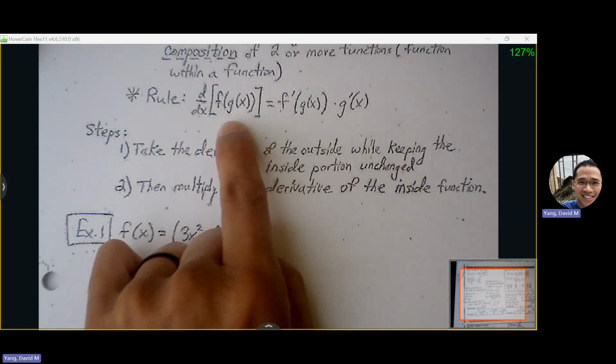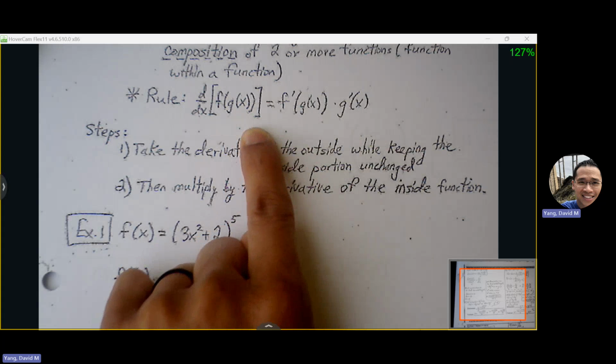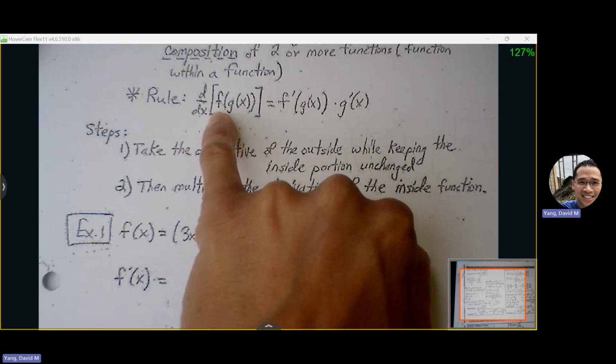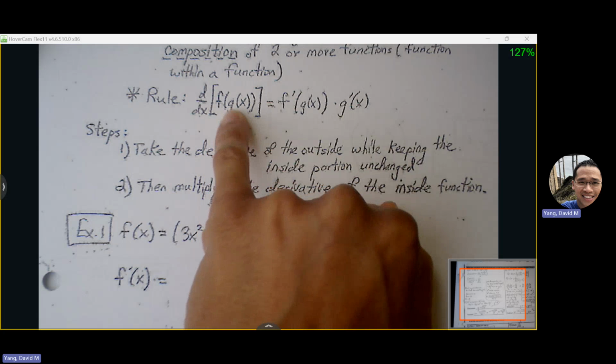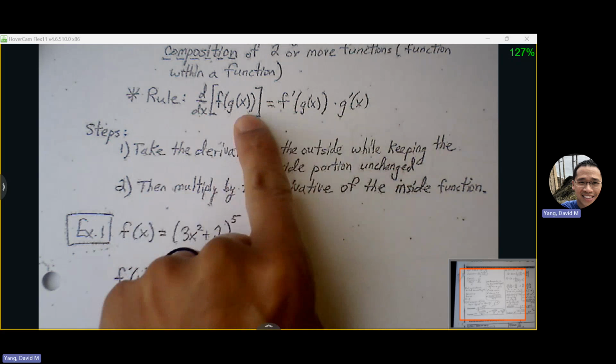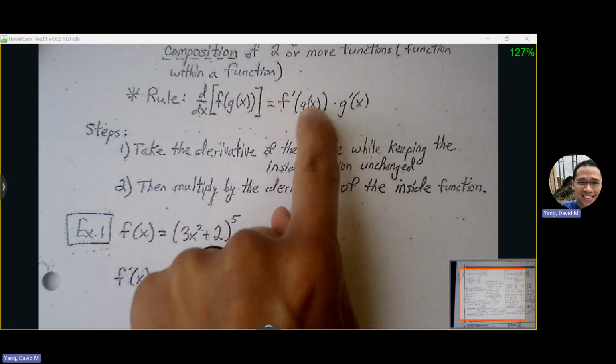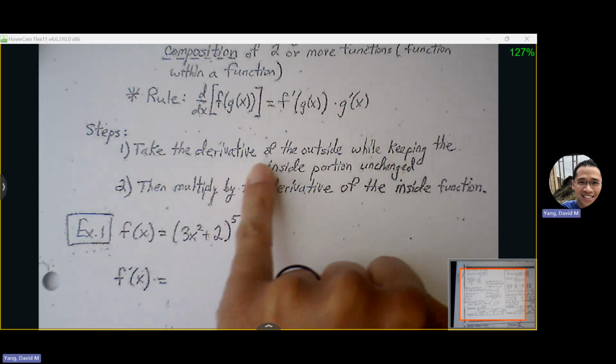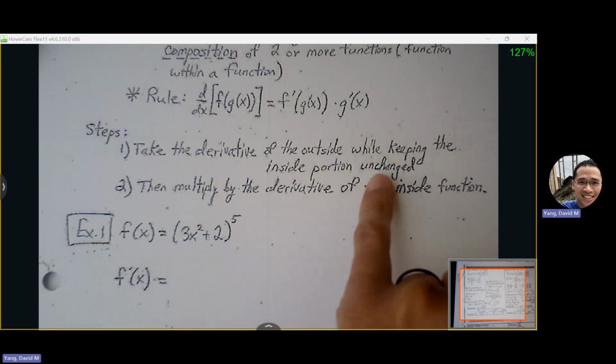So here is the function notation for how chain rule works. Notice that if I have a function that looks like this, f of g of x, basically there's an inside portion within an outer expression. Then the derivative is basically we take the derivative of the outside function, while keeping the inside portion unchanged.